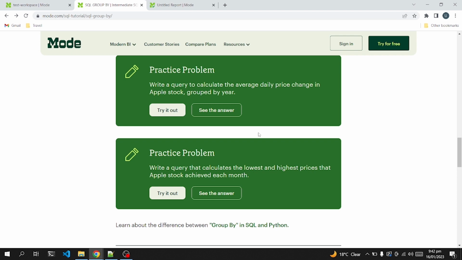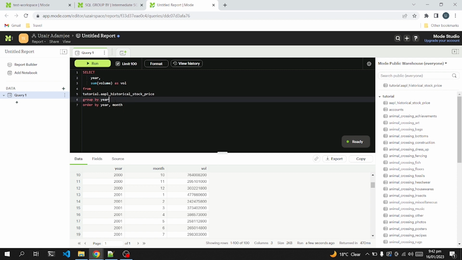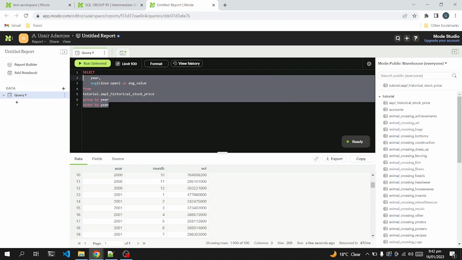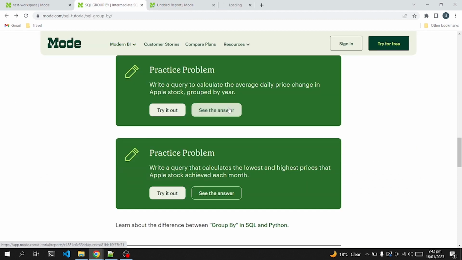And then we have to group by year, so in this we will not be needing month. We will need the average of close minus open rate, and I guess we are good to go. Let's run it and see the answer.